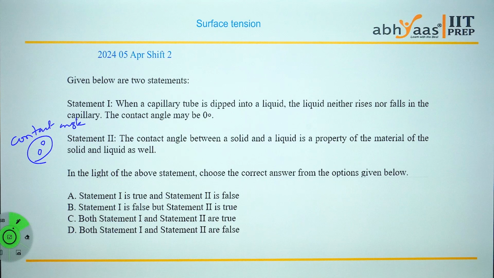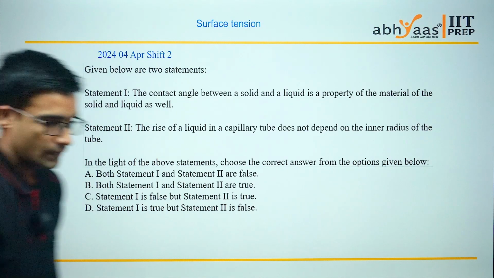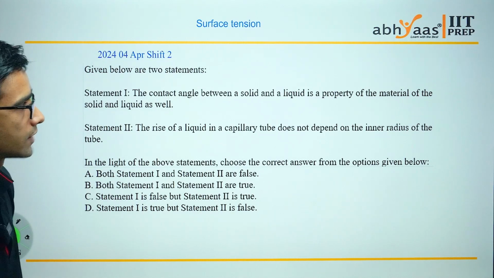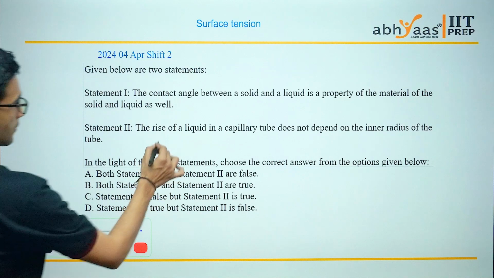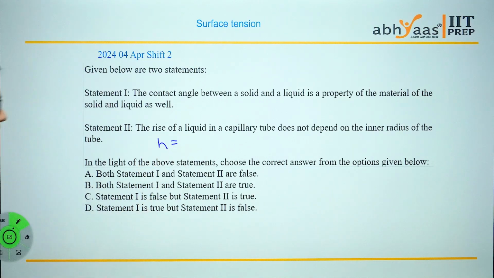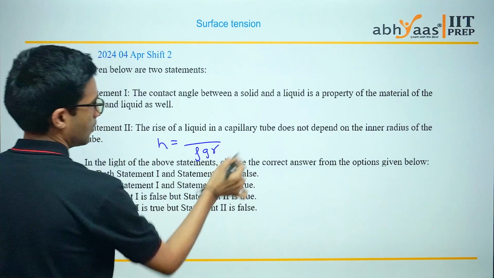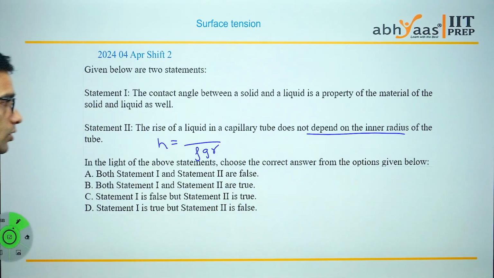And another thing, capillary rise is due to what? Because of the same thing, property of material and liquid. So does not depend on the inner radius, is it so? Another thing, H is equal to R. So what happened? Rho G R. So it depends, right? It is not depending, he told.